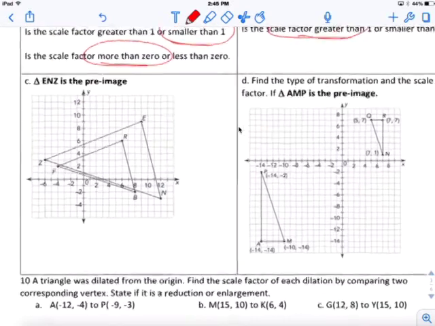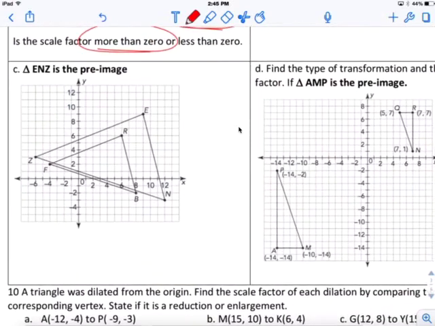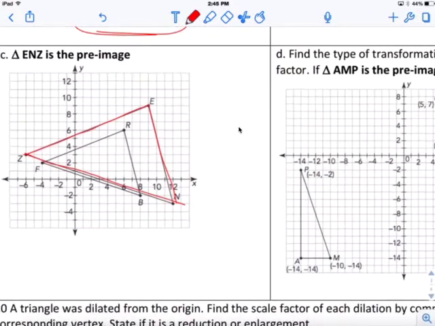Okay, E. Right here, this is the pre-image. So this is a scale factor between 0 and 1 because it's a reduction.